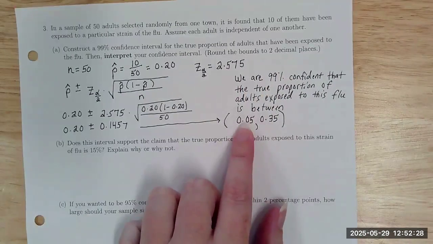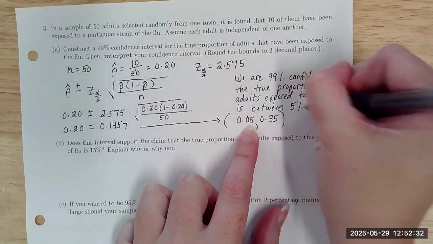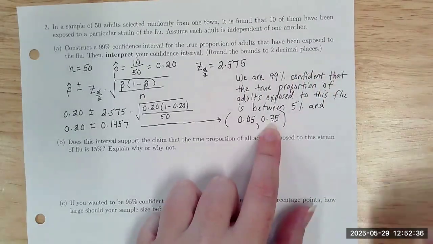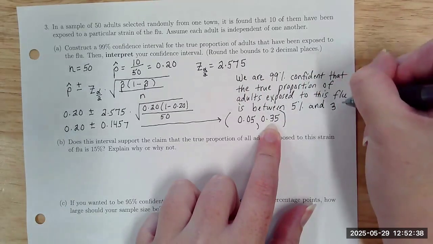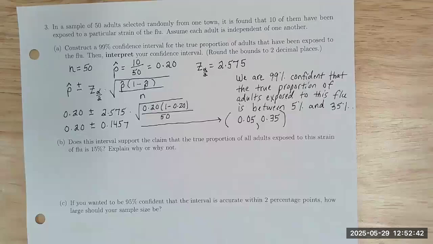So if I move the decimal point over 2 places, this becomes 5%. And if I move this one over 2 places, it becomes 35%. So we are 99% confident that the true proportion of adults exposed to this flu is between 5% and 35%. Okay.